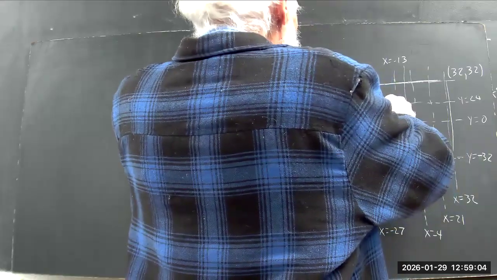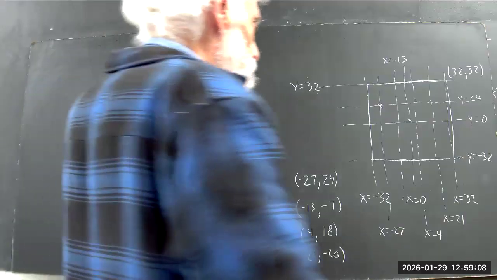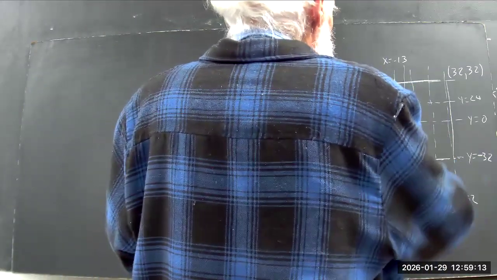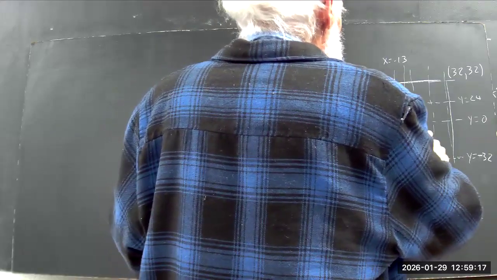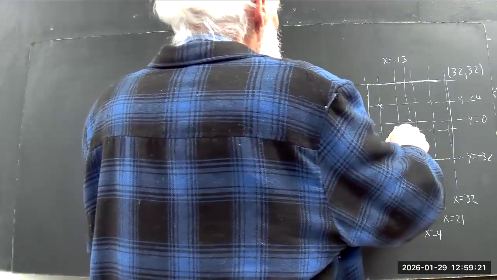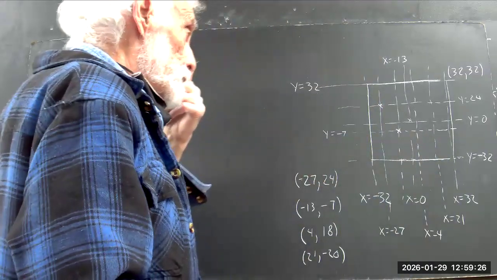And now here is a point. This is our first point. Negative 13, negative 7. Here's negative 13, negative 7 for the y. Well, this would be negative 16, here would be negative 8. Y equals negative 7 is probably about here. And that point where x is negative 13 intersects the line y equals negative 7.